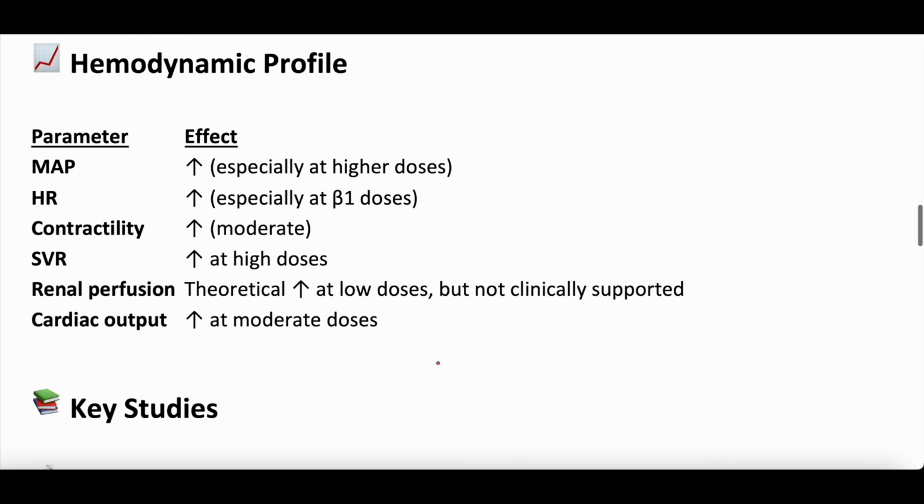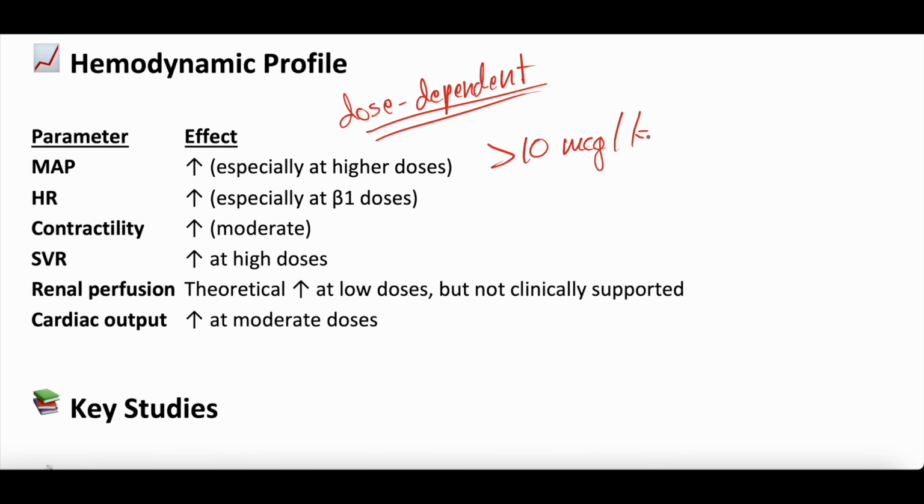Hemodynamic profile. What are the actual hemodynamic effects of dopamine? Remember, this is dose dependent. That's the whole story here with dopamine, dose dependent. So at higher doses, that greater than 10 micrograms per kilogram per minute, it primarily has alpha-1 effects that increase SVR, systemic vascular resistance, and increase the MAP, the mean arterial pressure.